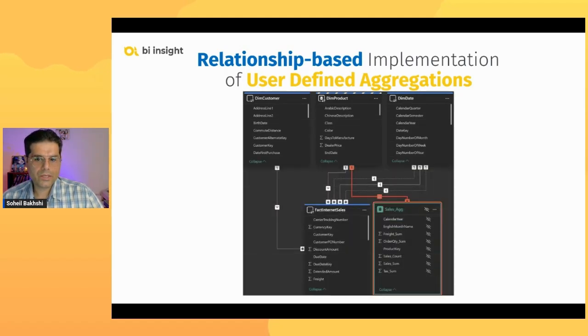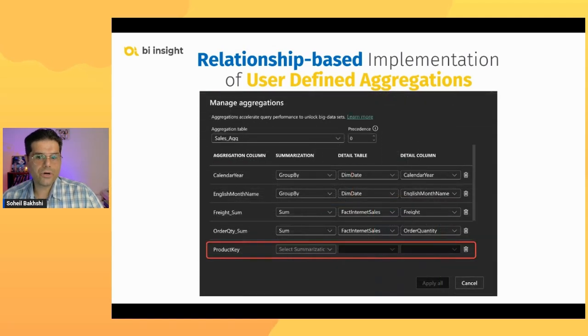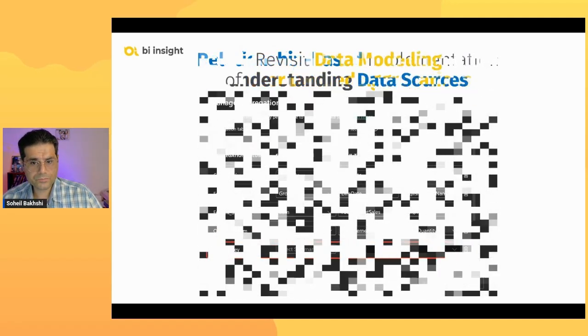For example, in this image, as you can see, the product theme is linked to the sales aggregation, and there is a live relationship. So when I define my aggregation, I do not need to specify the summarization because the relationship will take care of that part.